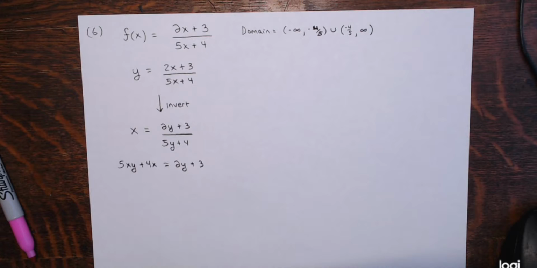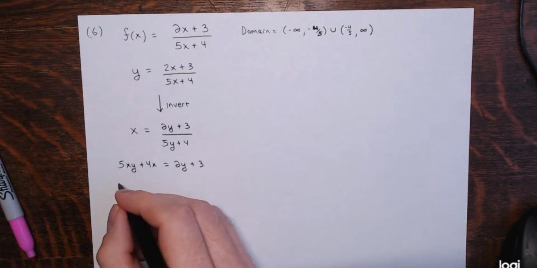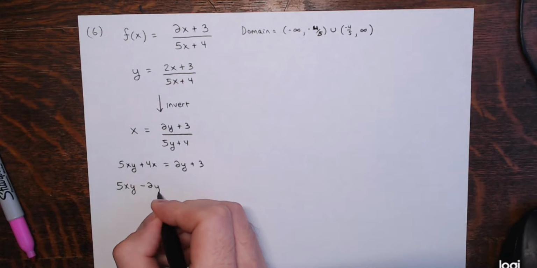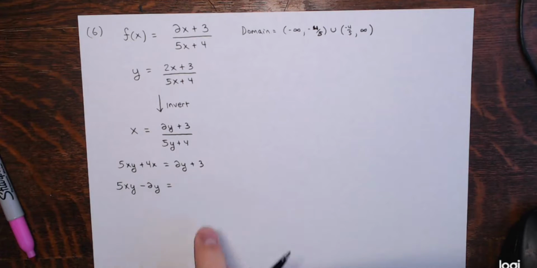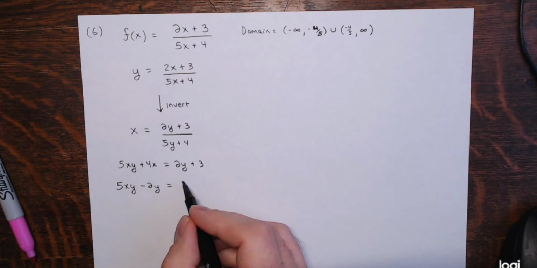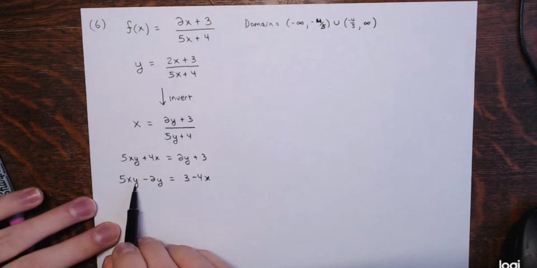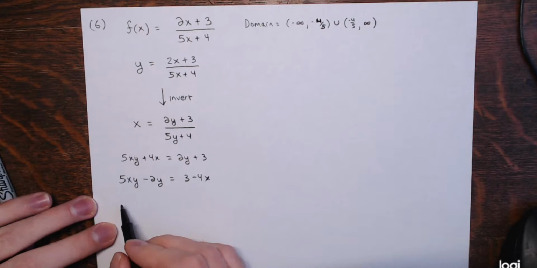Then I get all the y terms to one side. So we have 5xy minus 2y equals, and then all the non-y terms to the other side, 3 minus 4x, or negative 4x plus 3, whatever you want to write. Both terms on the left have y in them, so I can factor that out.